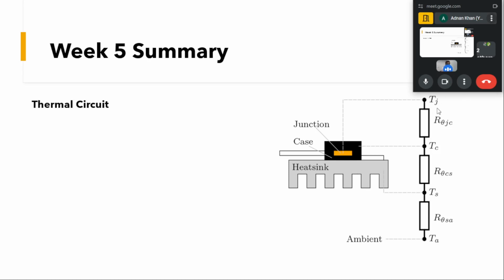So these, R theta Jc and R theta Cs, may be provided in the device data sheets, and this R theta Sa may be provided in the heat sink data sheet.